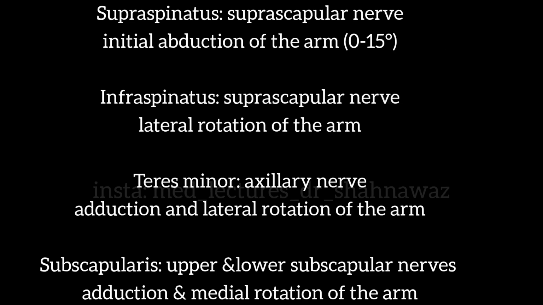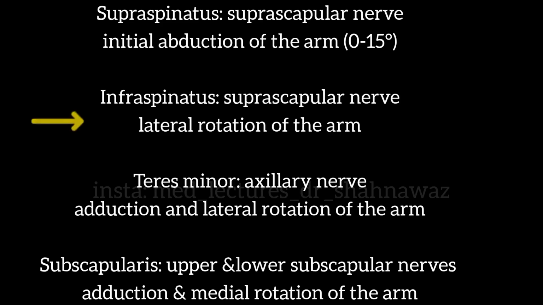Now I will explain a bit about the functions and innervation of each muscle, because these characteristics are important to know. The supraspinatus muscle is innervated by the suprascapular nerve, and its function is initial abduction of the arm, from 0 to 15 degrees. The infraspinatus muscle, also innervated by the suprascapular nerve, laterally rotates the arm.